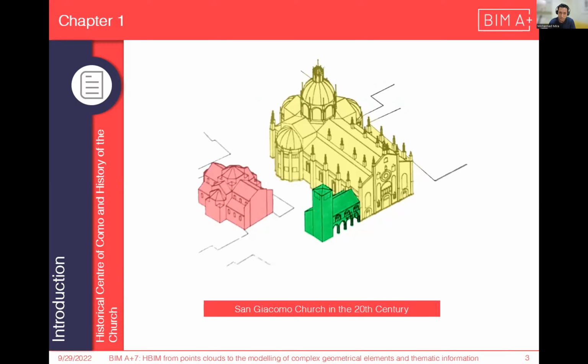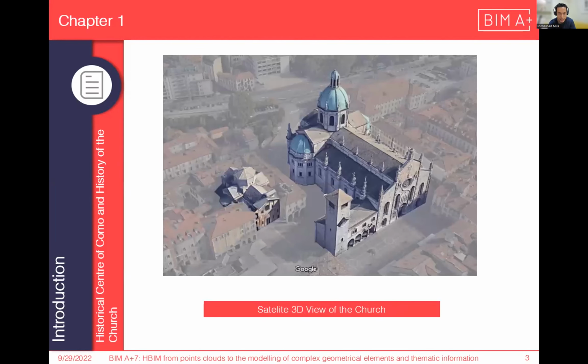And the final shape of the Santa Maria Maggiore Basilica is as you can see in this photo, the yellow building. But our church is the red one on the left. I had to say this history so you can know the history of the building. And now this is the final building that exists in this area.